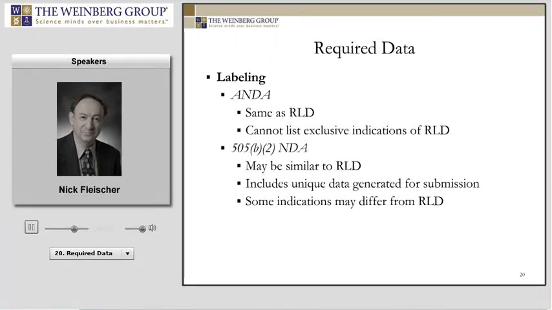The other thing, as I mentioned earlier, the exclusive indications, the ones that are protected by exclusivity of the RLD, could not be included in the labeling of the ANDA until such time that the exclusivity period expires, at which time the ANDA applicant could then change and update their labeling to include the previously excluded part of the label.